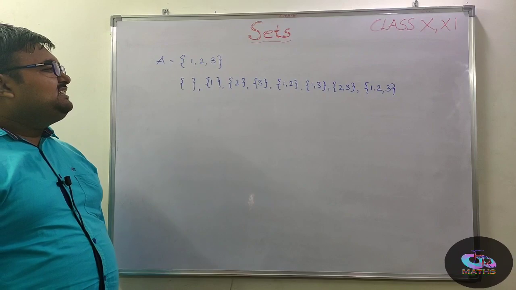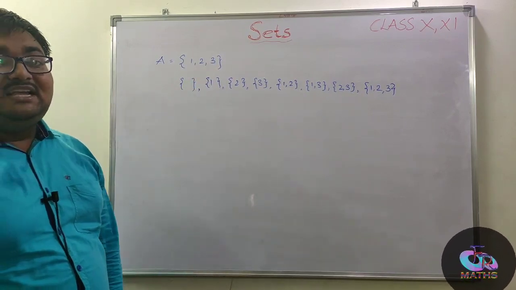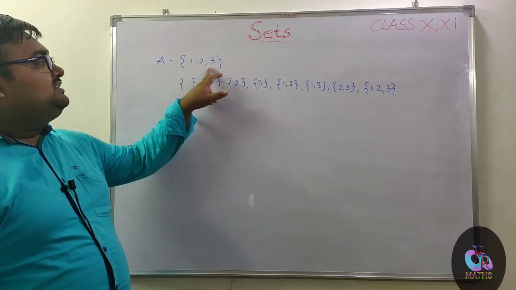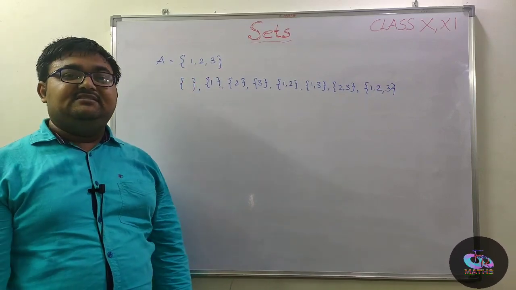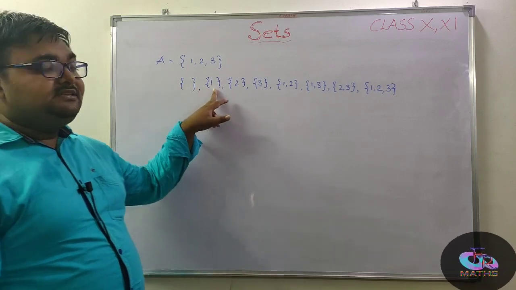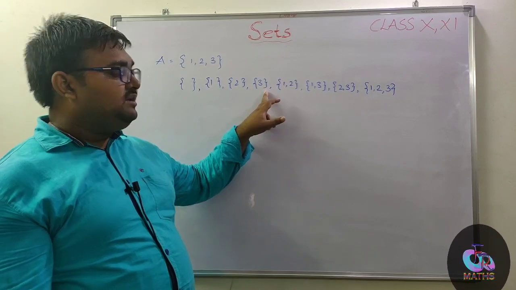A subset means nothing but a set whose elements are present in the given set. Since we have 3 elements here, we can start from the set with 0 elements, the null set. Next is the sets containing 1 element: 1, 2, 3.